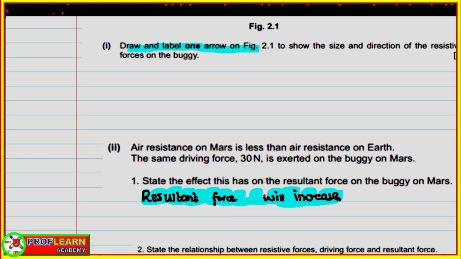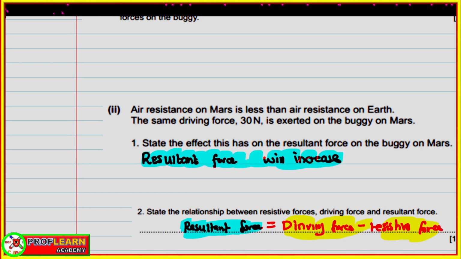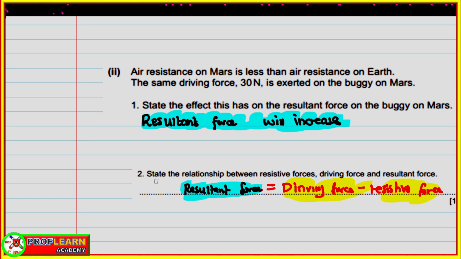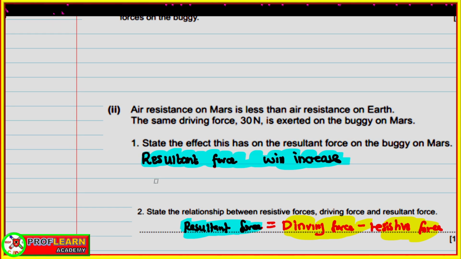Resistive force on Mars is less than air resistance on Earth, and then you are supposed to say how this is going to affect the resultant force of the buggy on Mars. So at that point you have to remember that the resultant force will increase, because if the resistive force is less and the driving force remains 30, and the backward force is less, it means that now the resultant force will be greater.